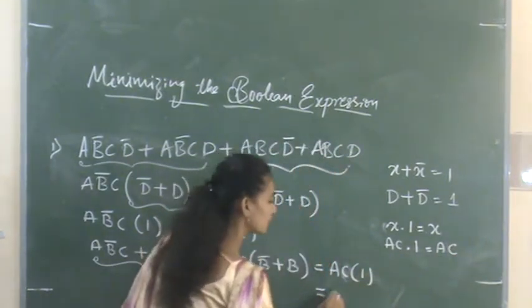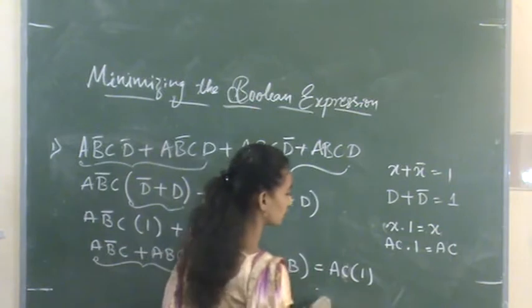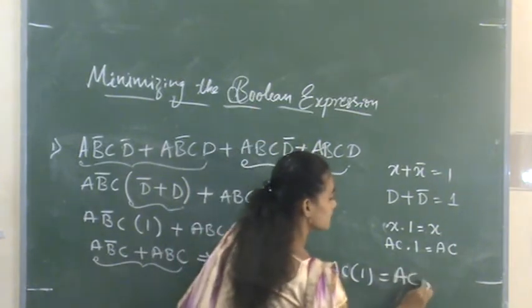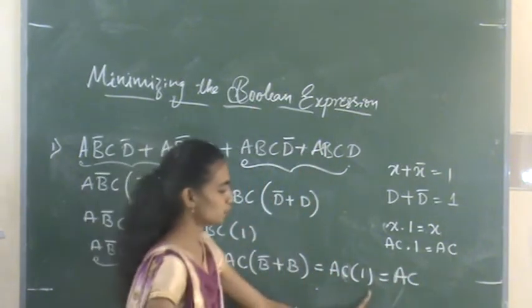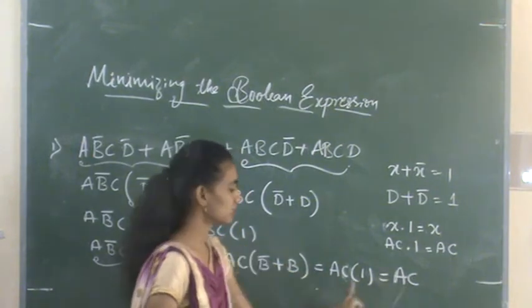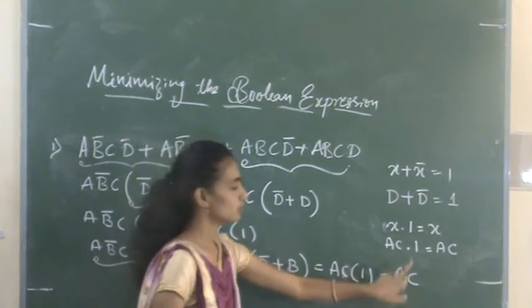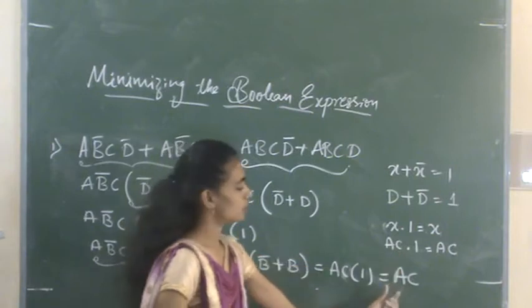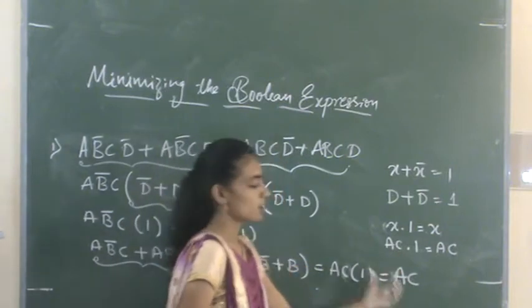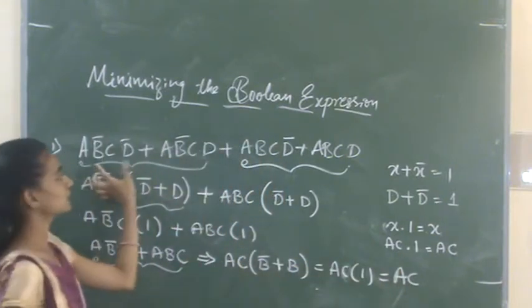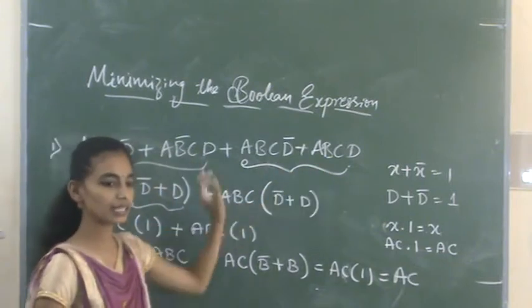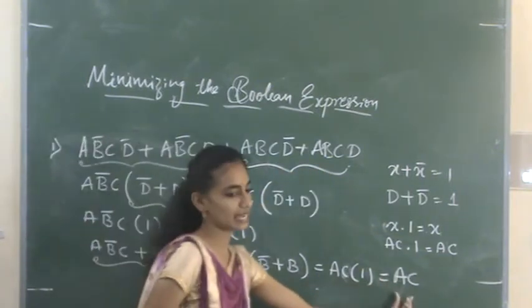So AC into 1 is equal to AC, means x into 1 is equal to x. So that's why I am writing AC here. So the complete expression is minimized as AC.